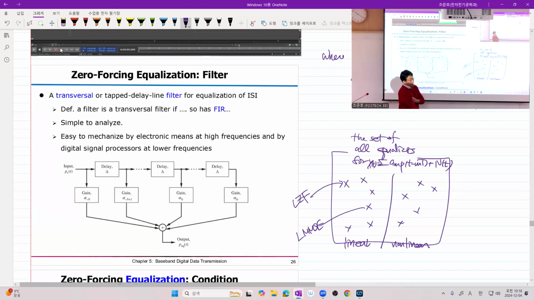And amazingly, even the undergraduate level digital communications and graduate level introductory digital communications courses cannot cover them all because it takes too long to cover these many different equalizers. But you need to remember this. Why do we have this many different equalizers?